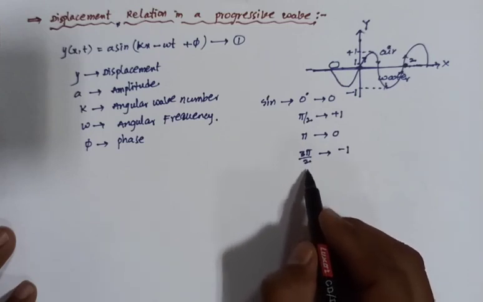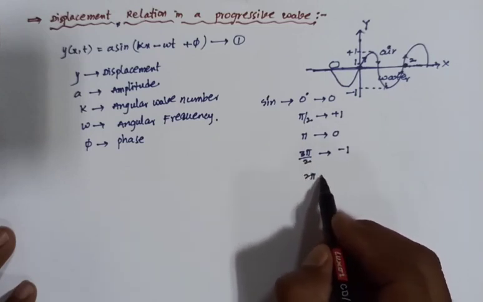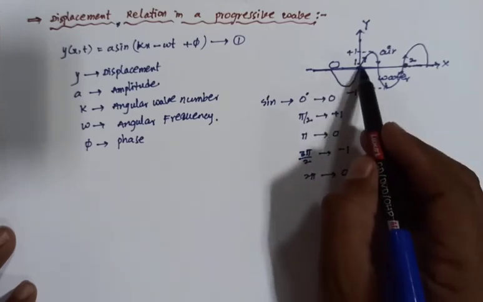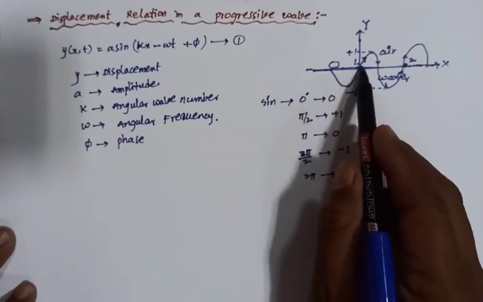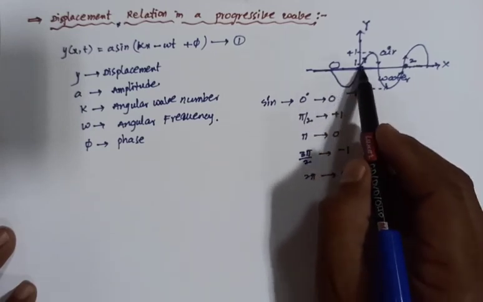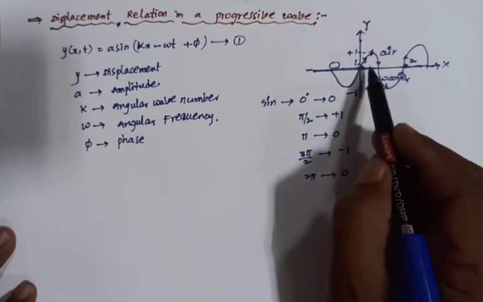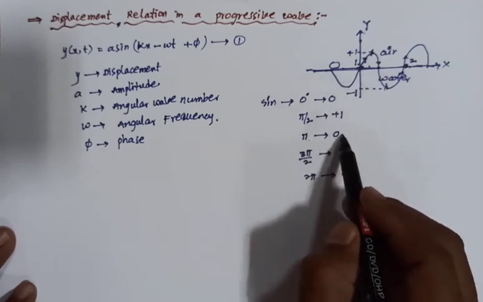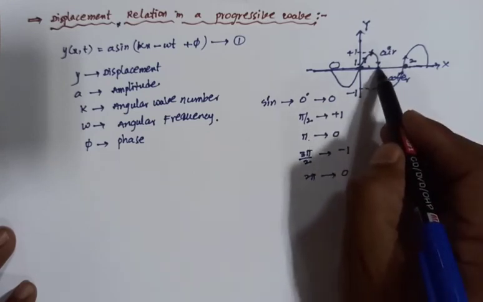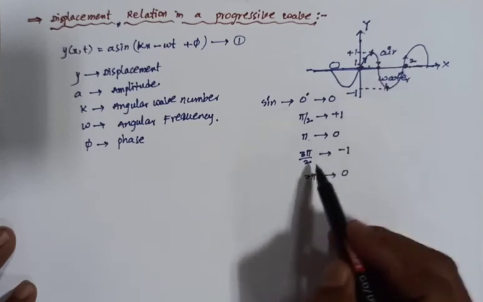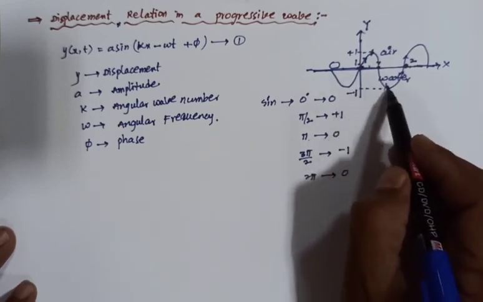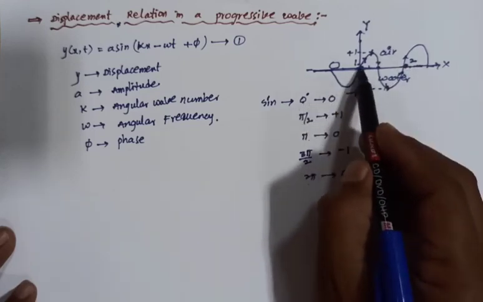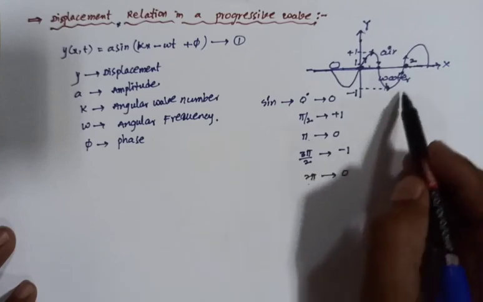Again 4π/2, that is 2π, 360 degrees, is again 0. So it is continuous. At 0 degrees the displacement is 0, at π/2 it is maximum displacement, at π, 180 degrees, the displacement is 0, at 3π/2 it is negative 1, and at 2π it is 0. At 0 degrees and 2π, it is the same phase.